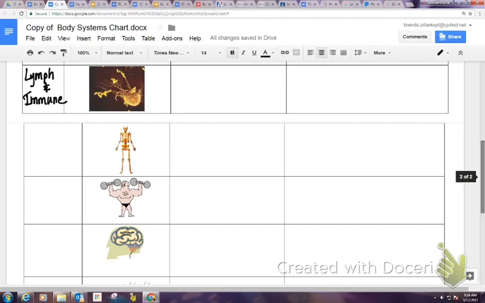So the structures are going to be the lymphatic vessels. Remember, the lymphatic system is just a one-way system that runs from your capillary beds alongside your veins and returns the fluid that has drained out of your bloodstream back into the circulatory system. So I'll put lymph down as a structure. And then we don't want to forget the cells of the immune system.